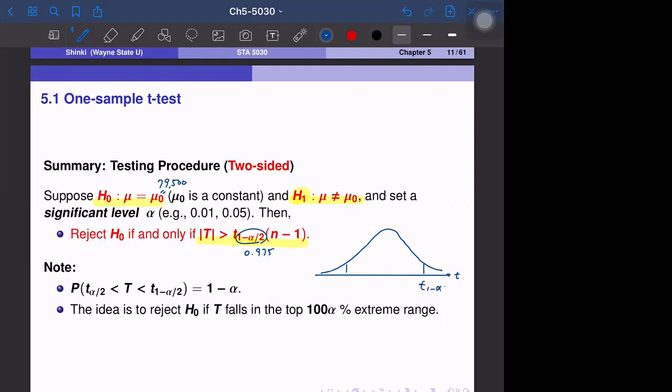So if T falls in this area or this area, we reject H naught. The center coverage is 1 minus alpha. This is the procedure for the two-sided test.